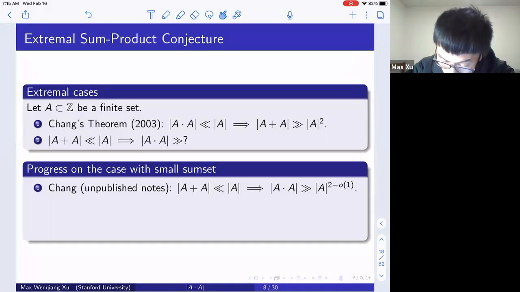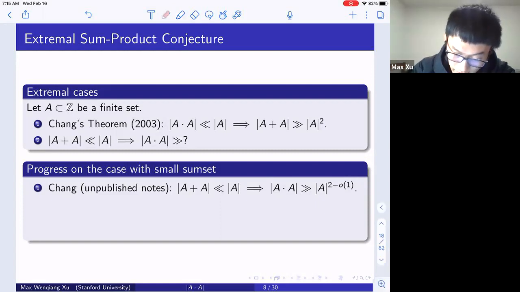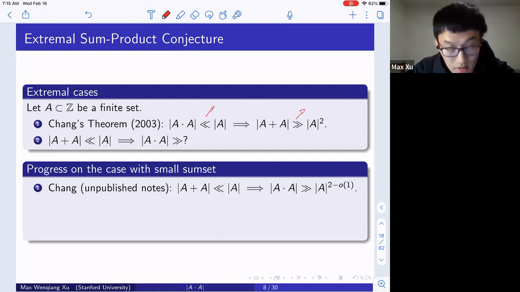If you assume that the sum set is up to a constant times A, then the product set is at least A to the power 2 minus epsilon. I should also mention that Chang made this implicit constant very explicit. I just didn't include it here.